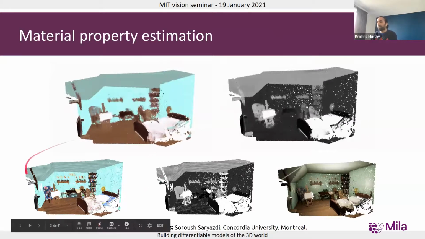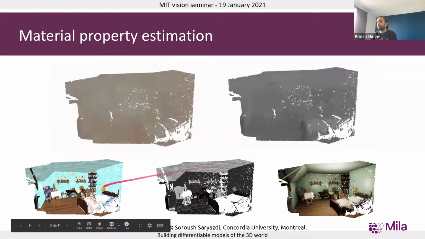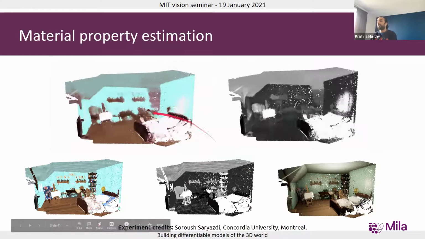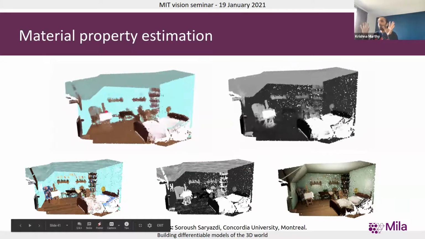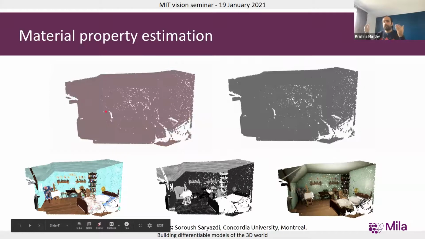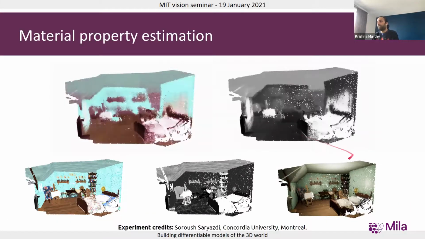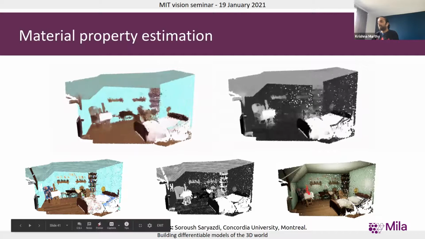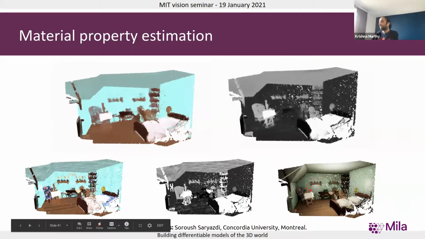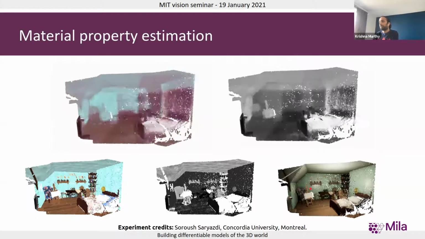So at the bottom, you see the true diffuse and specular reflectances, and on the top, you see a randomly initialized map that's getting optimized over time. And the bottom right corner just has the reference to the reconstruction.